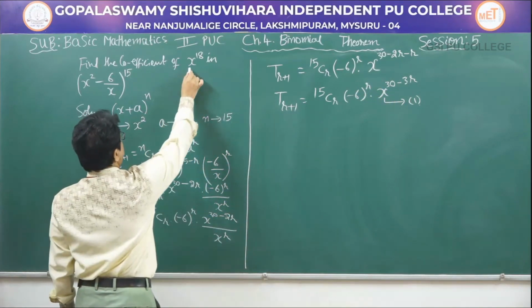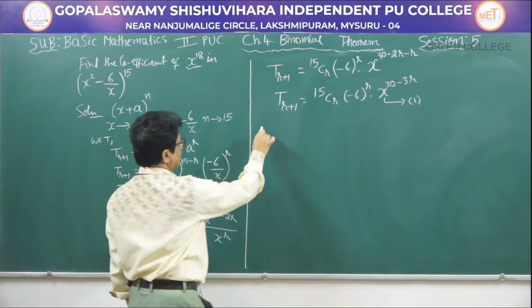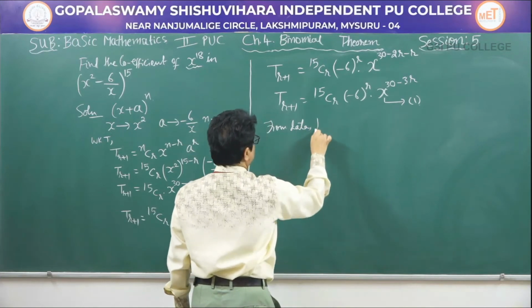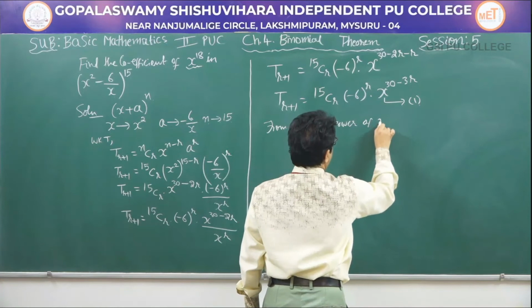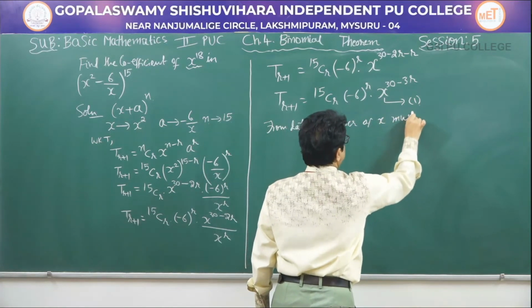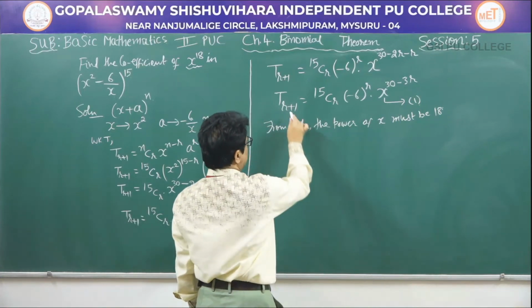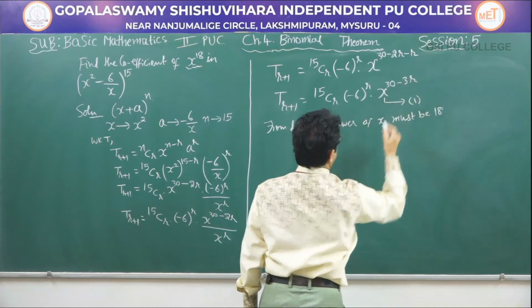If you observe in the data, the power of x must be 18. From data, the power of x must be 18. In equation 1, the power of x is 30 minus 3r.